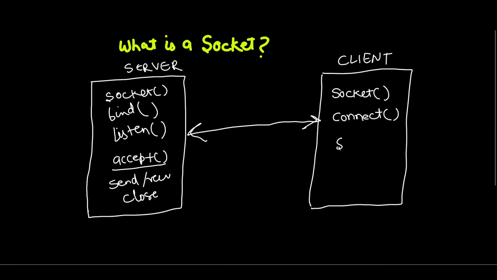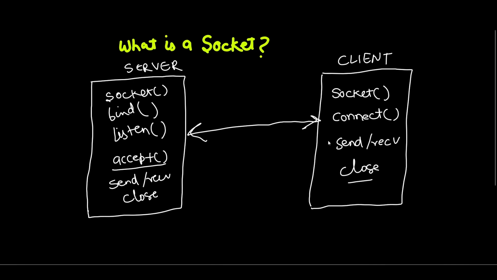Then we have send or receive calls for data exchange, and then a close call. If you ever get an interview question asking what APIs we have on the server and on the client, these are all the APIs that are used.